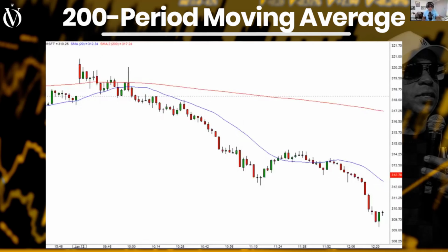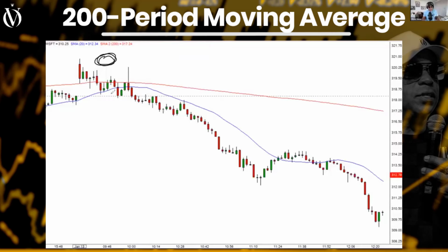Now, before I go to the formula, I want to mention a few things here on this chart. First, I'm going to talk about position. Okay. And I want to explain what position is. Position is where the stock is in relationship to the two moving averages. Okay. The 20 and the 200. So when your stock is above the two moving averages, we're considered to be in plus position.